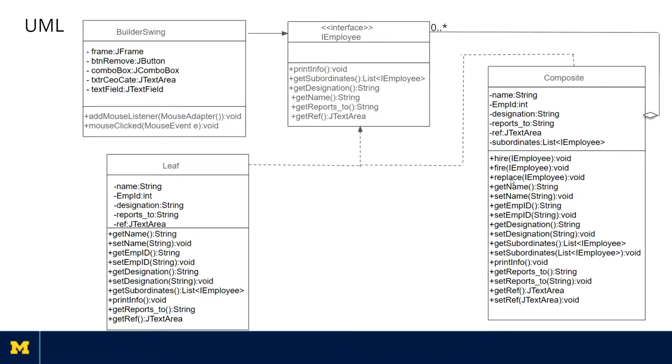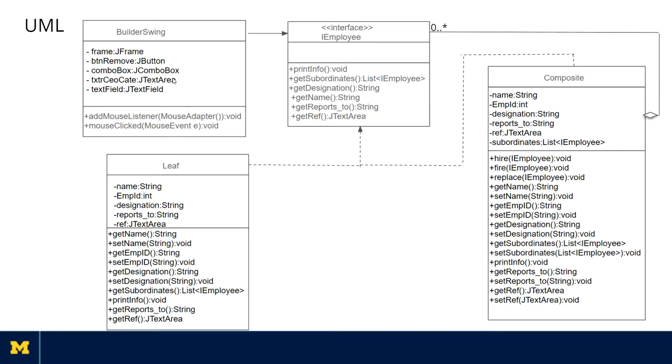So a composite, like the manager or the CEO, can hire people, they can fire people, and replace is one extra method I wrote so that you can replace the people who are fired.